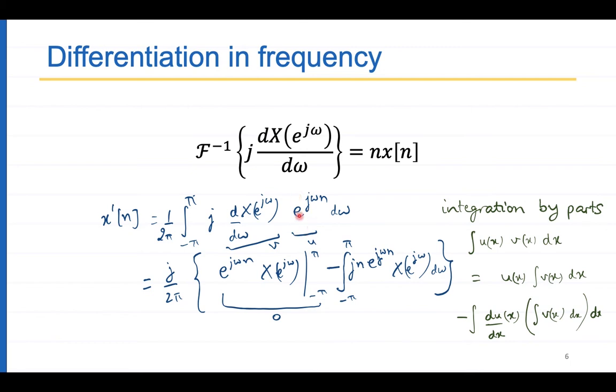You keep your u as constant and integrate the v, and because there are limits involved, I will take the limits from minus pi to pi, and on the other hand I have the derivative of u now, and then the integral of v, and now this one is in the standard form, right? You have X(e to the power j omega), you have e to the power j omega n, and this one is very simple. The first part becomes 0, but the second part can be simplified, and it gives me n times x[n]. Very easy.